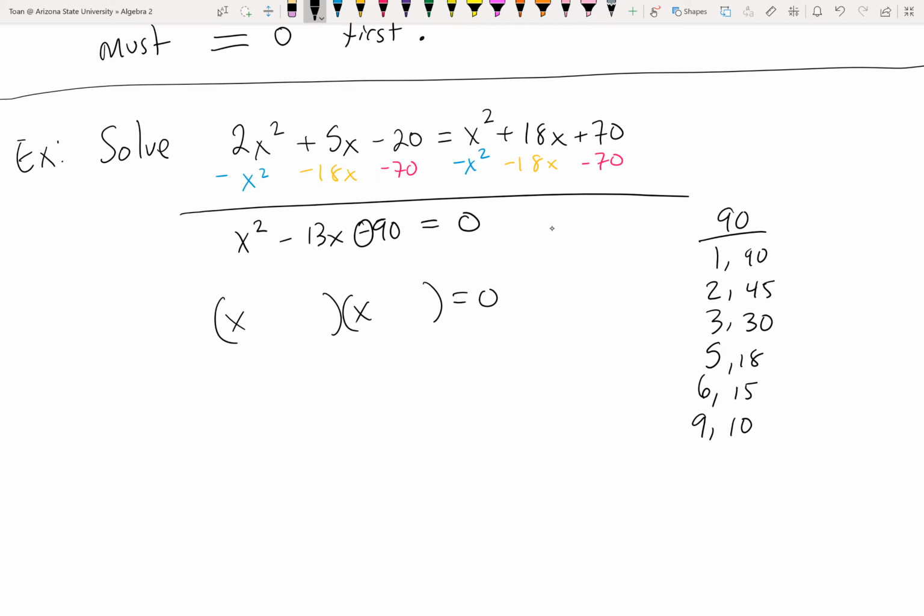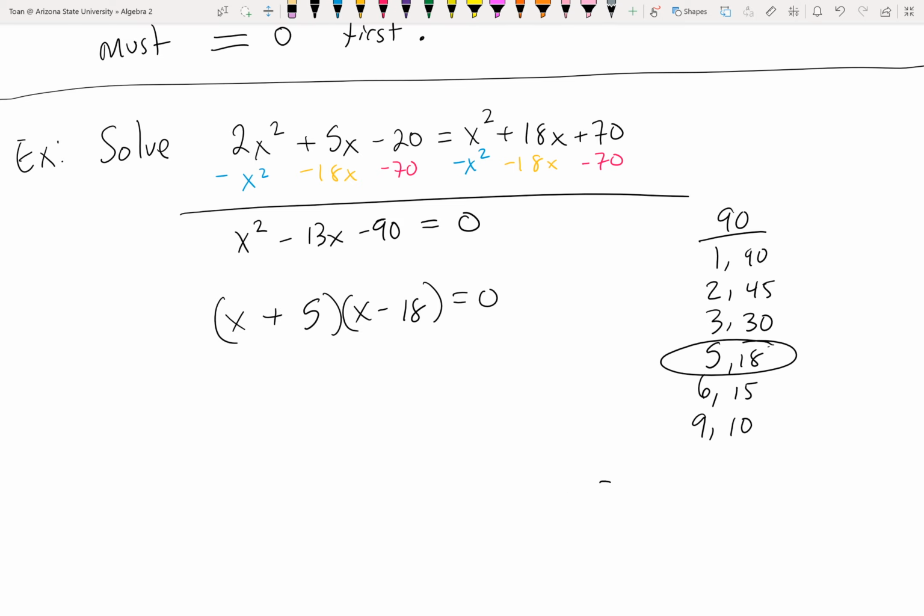The last number makes me think of subtract. So which pairs of numbers subtracts to a 13? That would be 5 and 18. And it needs to be a negative 13. So that would be a positive 5, negative 18.